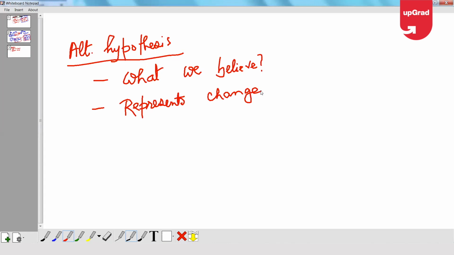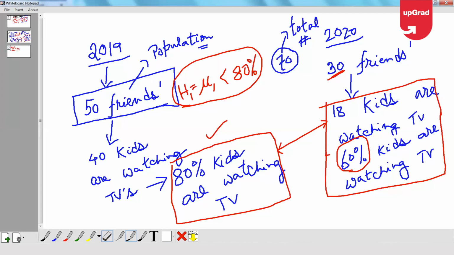So alternate hypothesis is what we believe and it also represents some kind of change. If you look at this example, what we believe is that kids are watching less TV, and the moment we say less, that's a change from my baseline data, right?